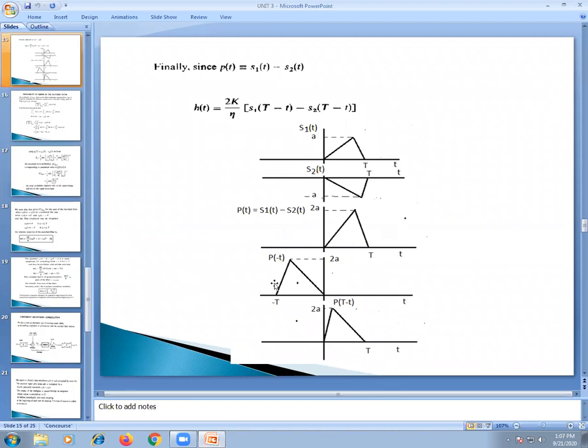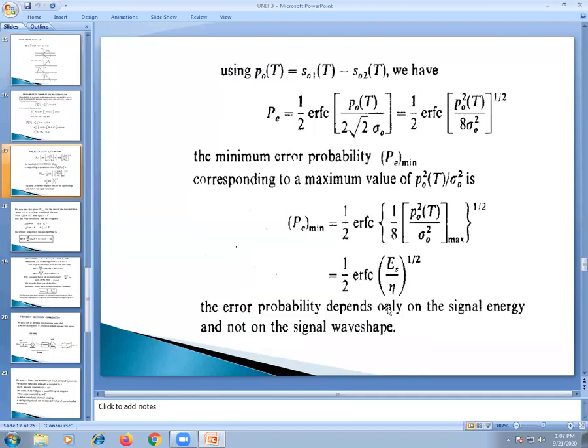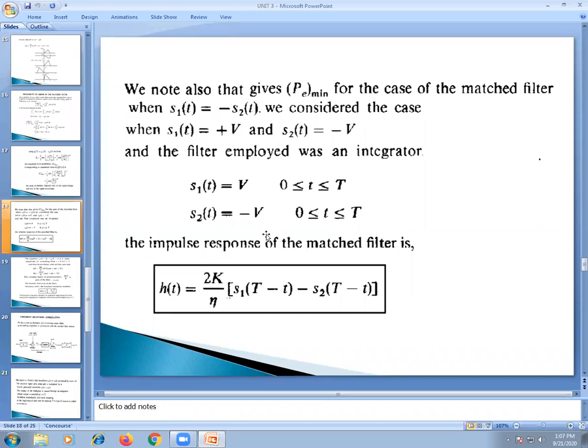So h of t is equal to 2k by eta times s1 of T minus t minus s2 of T minus t. So this is the response, where the magnitude is 2a, shifted to p of T minus t. The same concept is used here, where S1 of t is equal to v, S2 of t is equal to minus v, and the span is 0 to T. Okay.